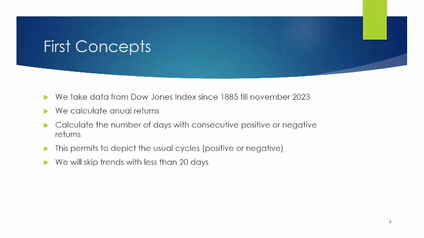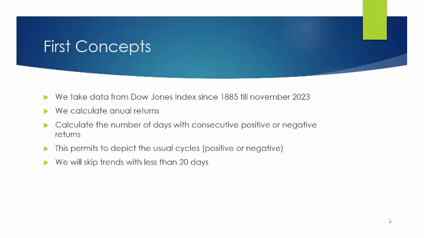That permitted us to depict the normal usual length of either positive or negative cycle. We took the decision of skipping, and you will see why, the trends with less than 20 days. Around 10% of total trends were having this kind of length.